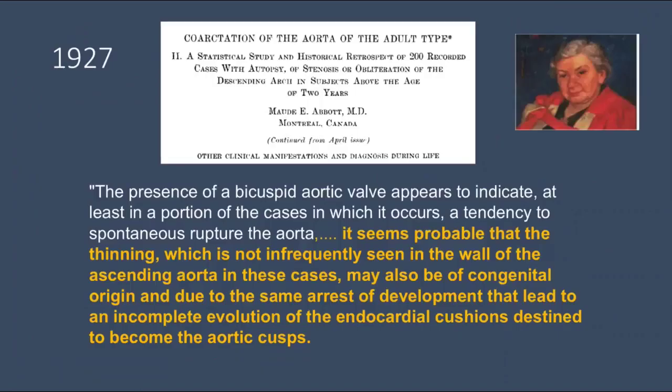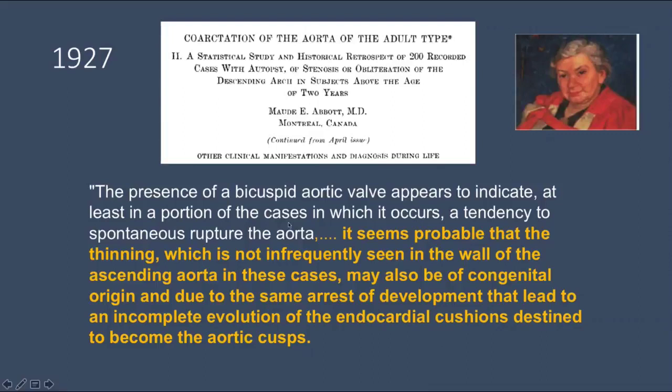So it wasn't until 1927 that the association between BAV and aortic dissection was made, and it was made by Maude Abbott, one of the pioneers in congenital heart disease. And she was actually doing an autopsy study on coarctations.